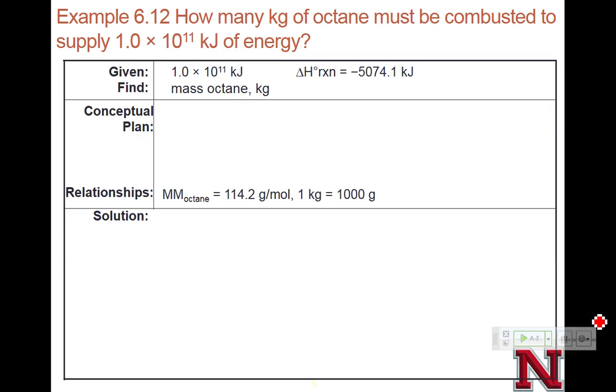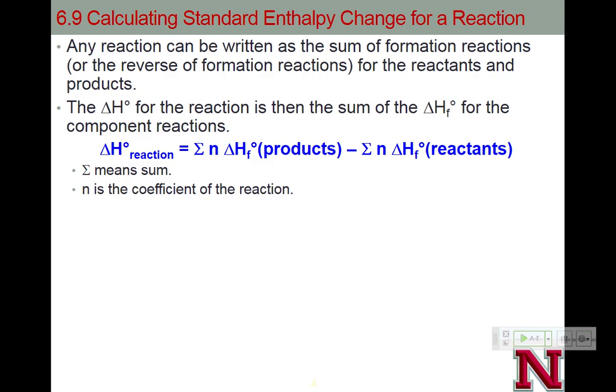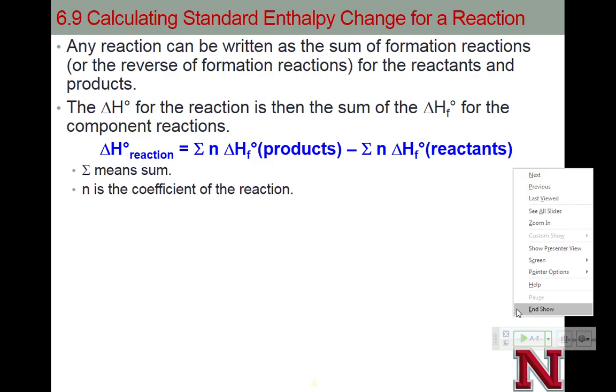So our conceptual plan, we know our millimoles of octane. And we can write our balanced equation. Oh, I know why that's not supposed to be there. We're not given this yet.